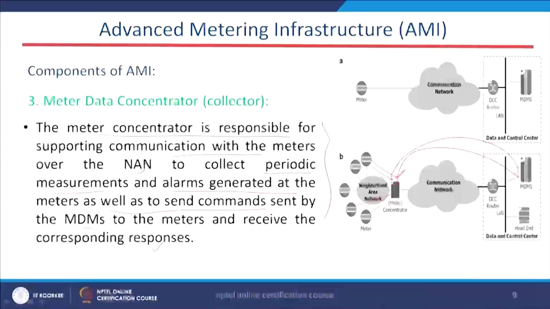Again this meter concentrator will convey the message to the smart meters through this NAN communication infrastructure. So, this is a two-way communication. The two-way communication means the smart meters will speak to the MDMS system and the MDMS system will also talk to the smart meters, the two-way communication infrastructure.